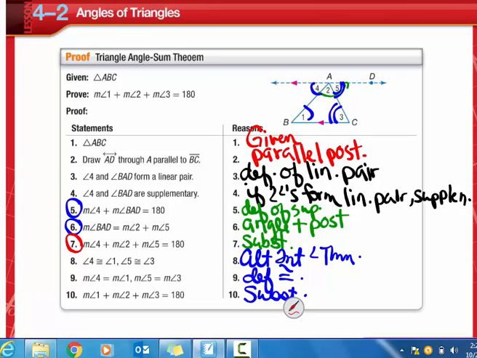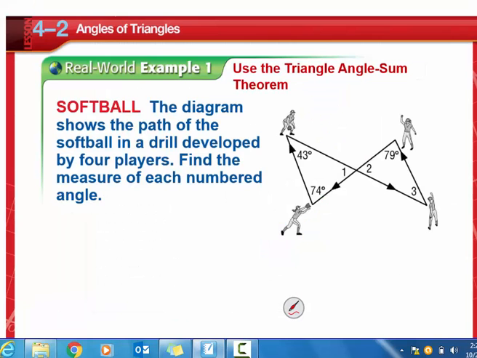I replaced 5 with 3, so that's this as well. And then number 9, we said that they were congruent, so 4 is replaced with 1, 2 stayed the same, but 5 was replaced with 3. So these are the two lines that I used, 7 and 9, and that's the proof.